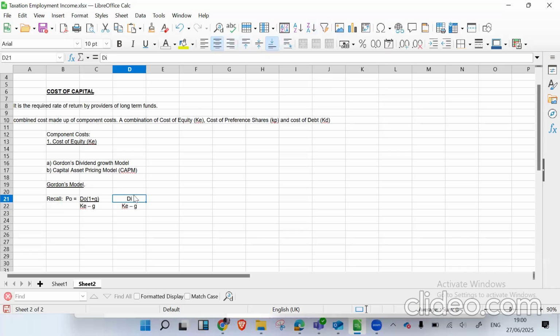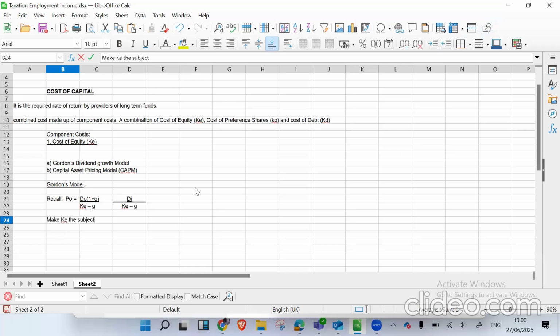Good. Now from that one, we are required to make KE the subject, because now we are looking for KE.